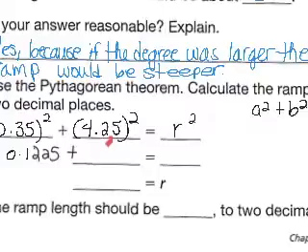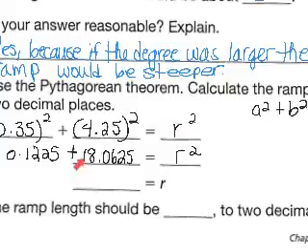So 4.25, hit that x squared button, equals, and it tells us that it is 18.0625. So it's still r squared.